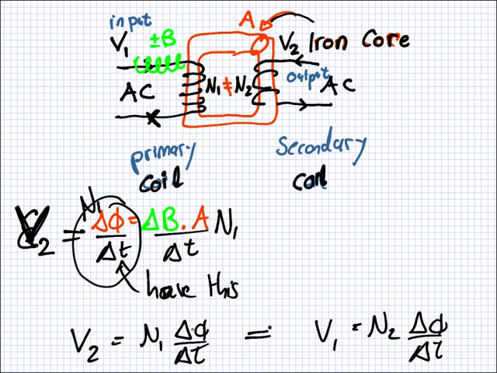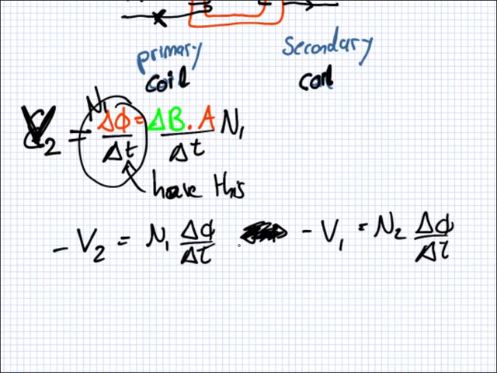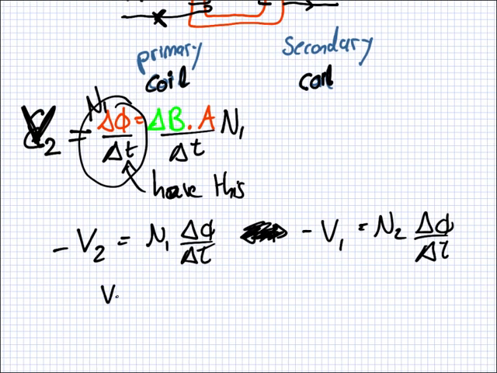Now, I suppose really I should have minus and minus here, but it's not a big deal. So if I put these together, I can say V2 over N1 equals N2 over V1. True? No, false. V1 over N2.